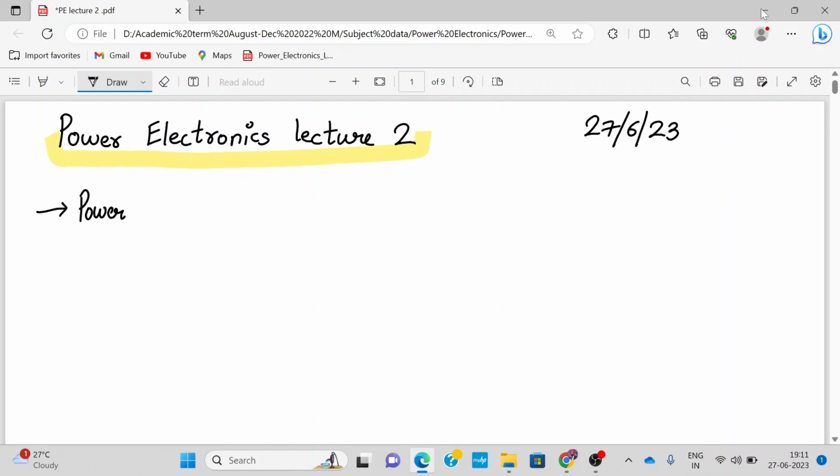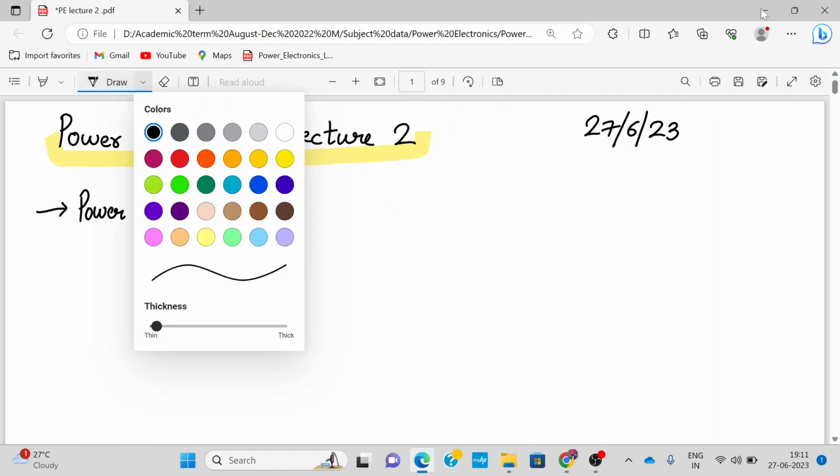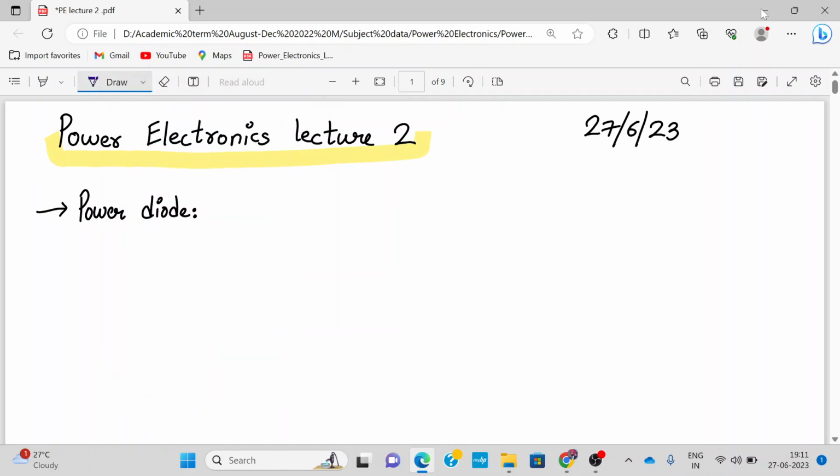Now what makes a power diode different or unique in comparison to a rectifier diode? So let's talk about a rectifier diode. Your rectifier diode supports lower rating. That means the wattage rating of a rectifier diode is quite low, around 100 watts.